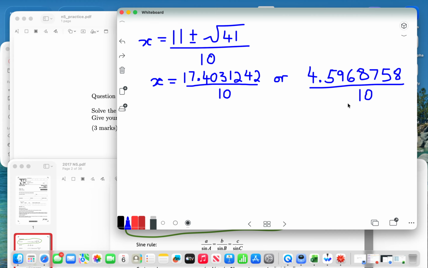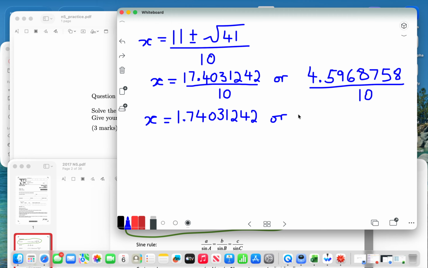We just evaluate them and we get 1.74031242.